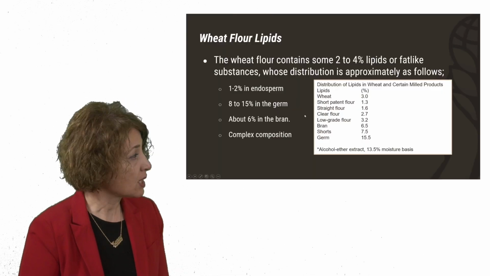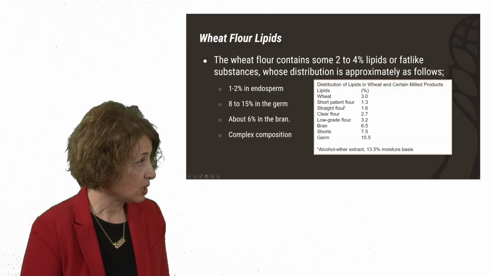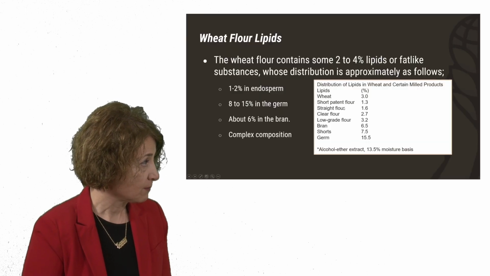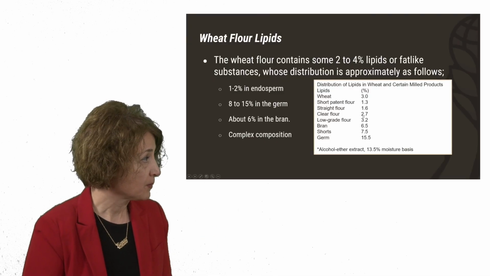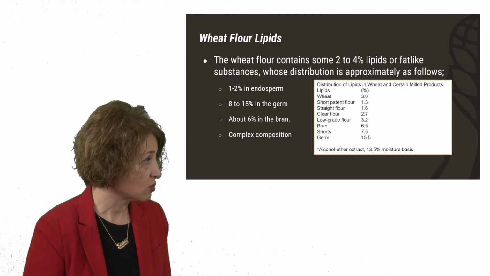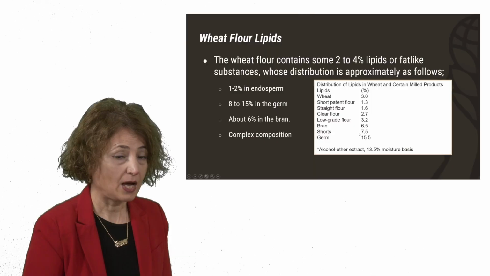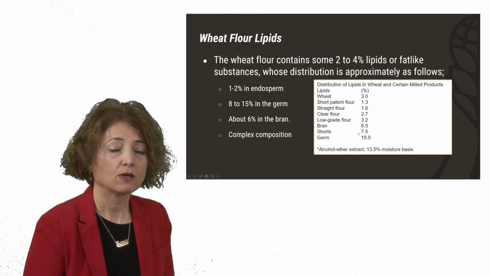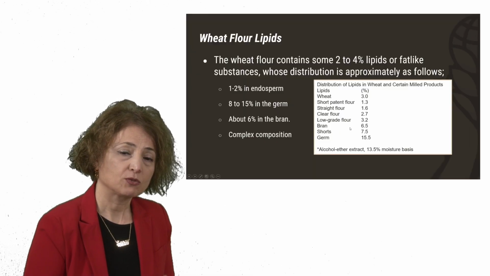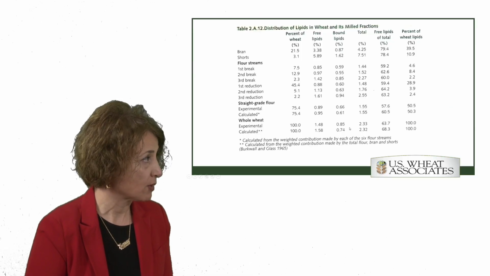Again, this table shows a more in-depth location of lipids. In the straight grade flour it is 1.6% in this example. Clear flour, because it is closer to the bran, has a higher ratio, and the germ here is 15%. So the highest lipid content is in the germ, then the bran. This is why it is very important to stabilize them for whole wheat flour applications.